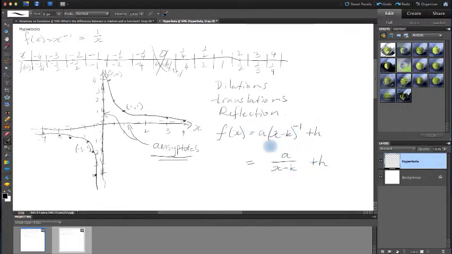Now my preferred way of writing this is like this, because that's exactly the way we would write a quadratic in vertex form, except we've got a -1 here rather than a squared. But basically the dilation, the translations, and the reflections, they all behave in exactly the same way. But let's have a quick investigation of those on our calculator, and then I'll do an example to finish this off.